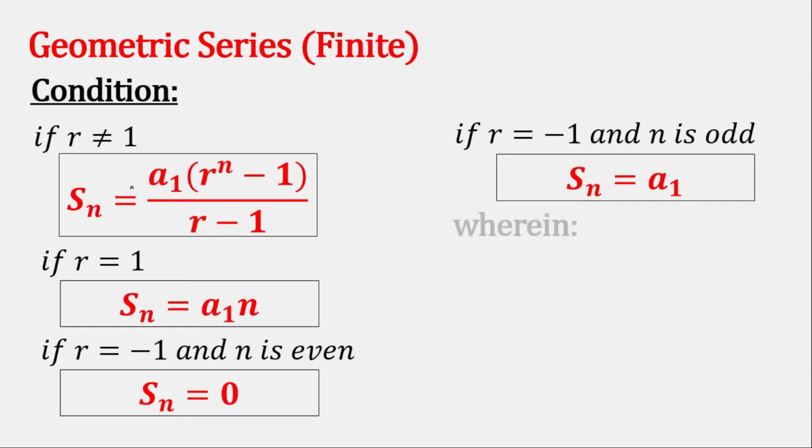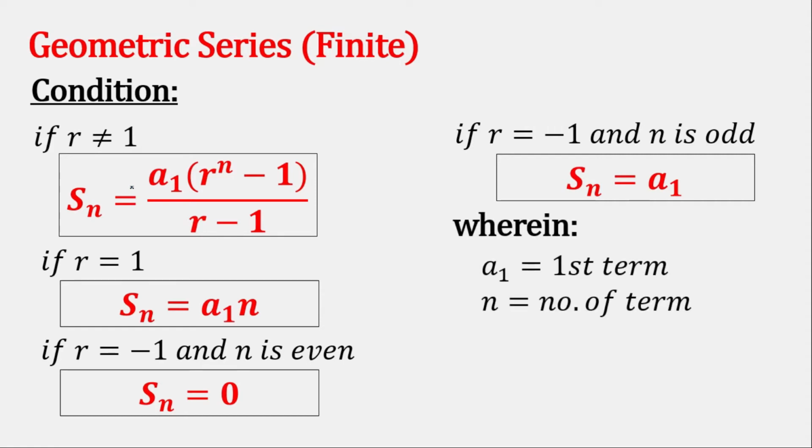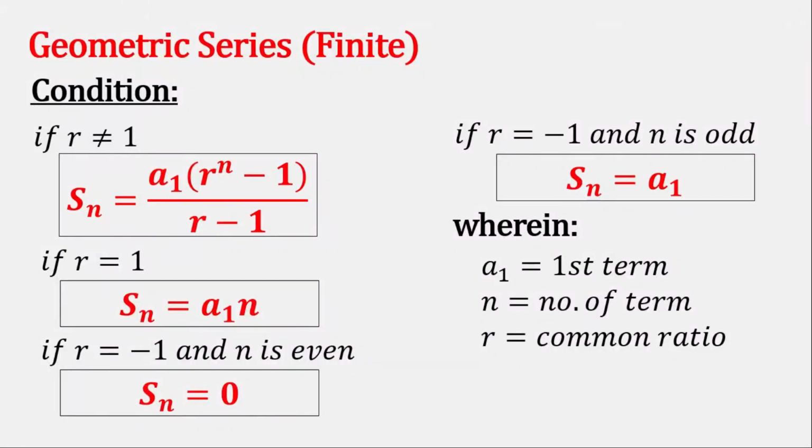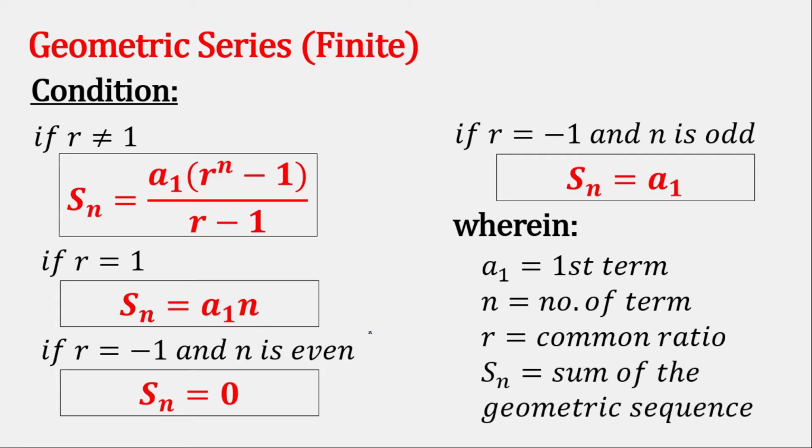Using this formula, a sub 1 is our first term, n is the number of terms, r is the common ratio, and S sub n is the sum of the geometric sequence.